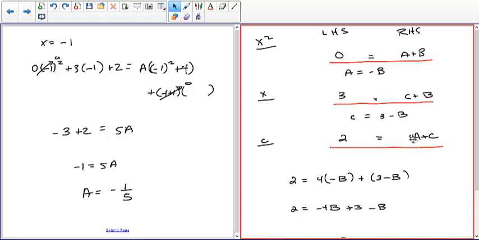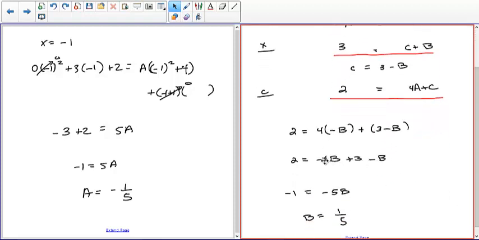So that third equation is originally a function of a and c, but by solving for a and c here and plugging it in, the third equation becomes just a function of b. So you get 2 is equal to 4 times a, but a is negative b, plus c, c is 3 minus b. So negative b times 4 is negative 4b, 3 minus b. Combine like terms, negative 4b minus b is negative 5b.